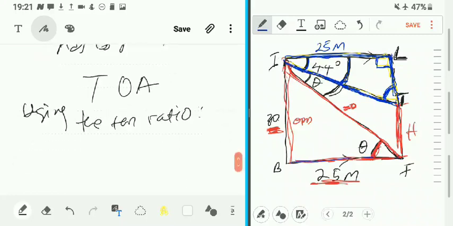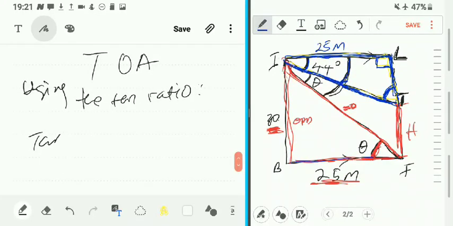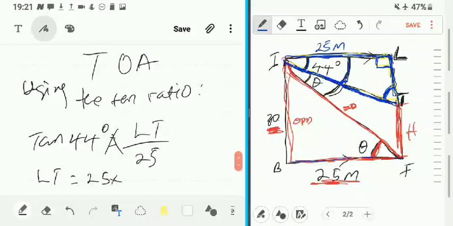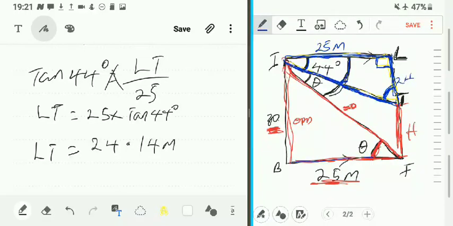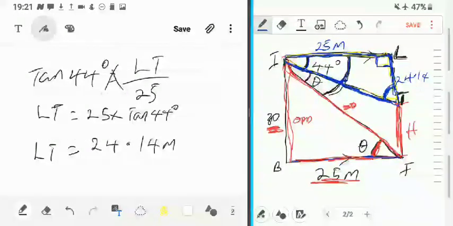We have tan 44 degrees equal to opposite over adjacent, LT over 25. Cross multiply, and LT equals 25 times tan 44 degrees, which gives us 24.14 meters.